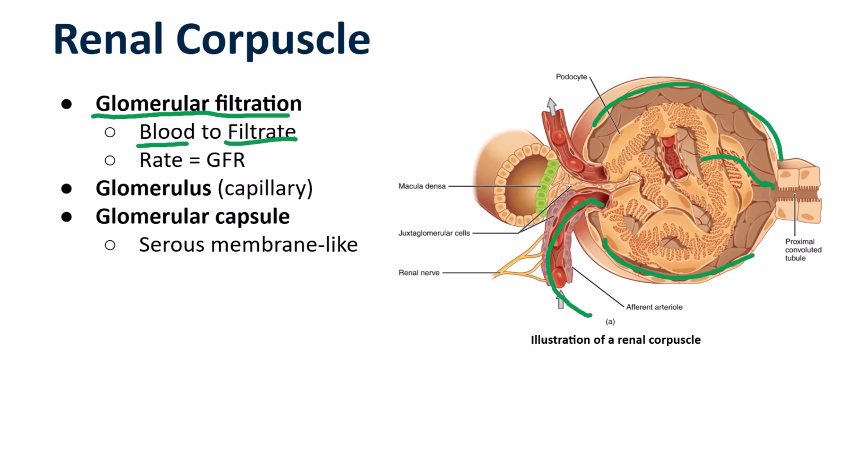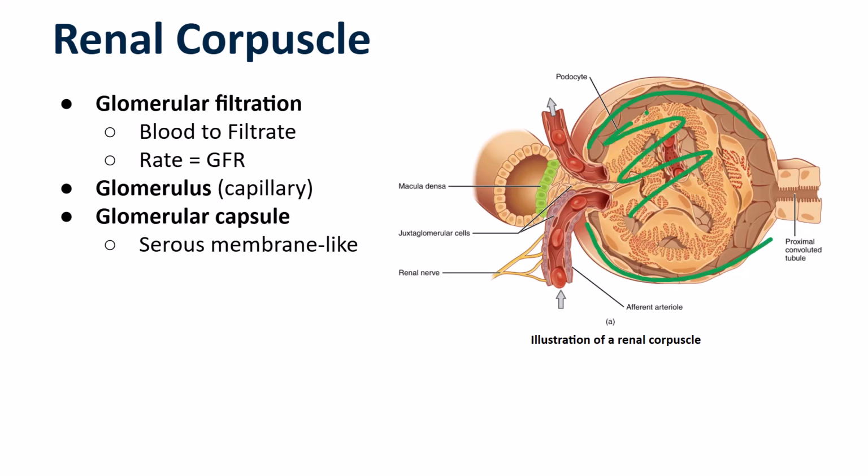Now, this capsule is a serous membrane-like structure in that there is a parietal portion which covers the walls and a visceral portion which covers the glomerulus. Now, it is only like a serous membrane. It is not true serosa.